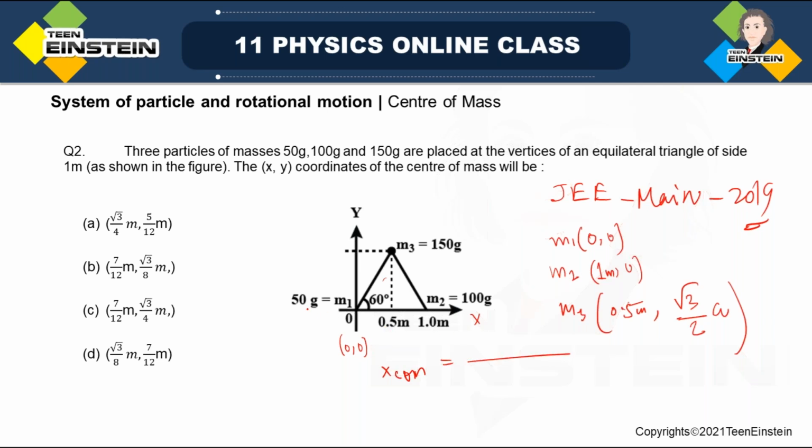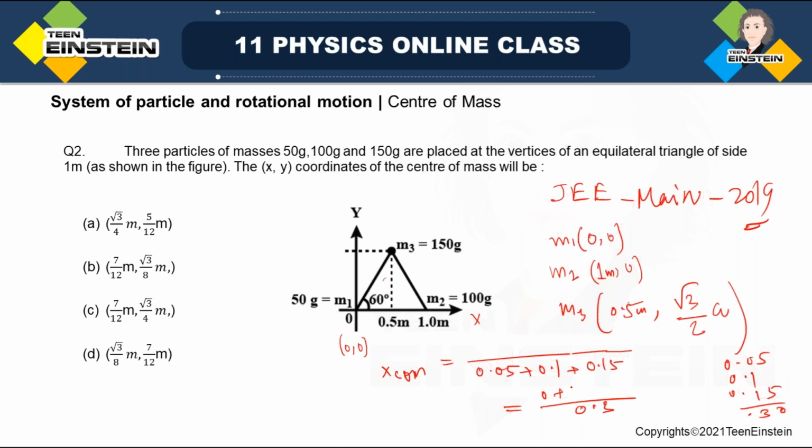M1 is 0.05 kg, M2 is 0.1 kg plus 0.15 kg. So all the masses will give you 0.05 plus 0.1 plus 0.15, so 5 plus 10 plus 15. This will give you 0.3. Okay, so 0.3, and the numerator is 0 plus m2 x2.